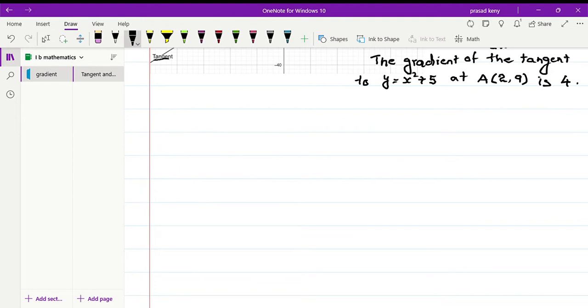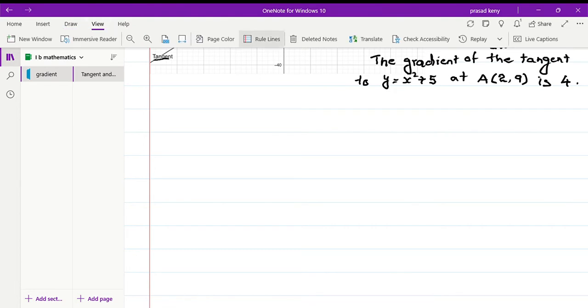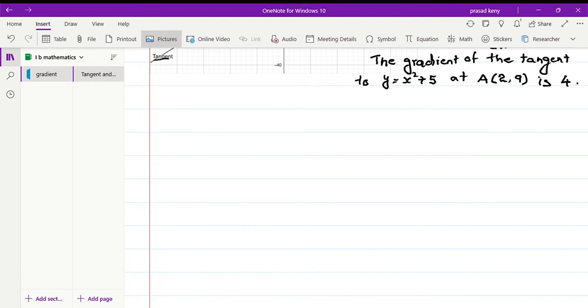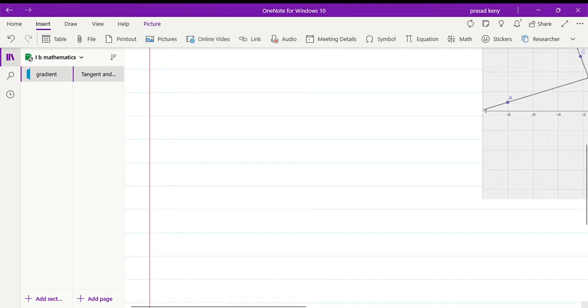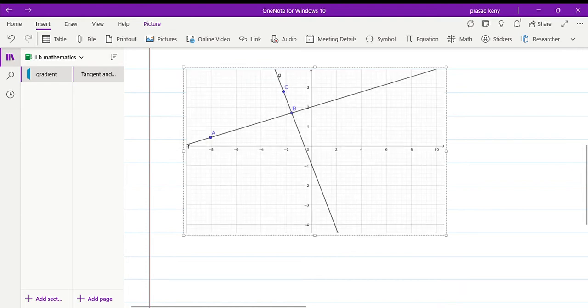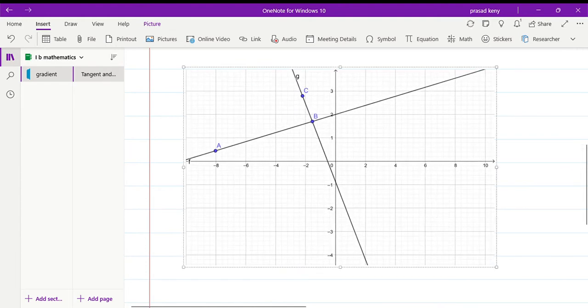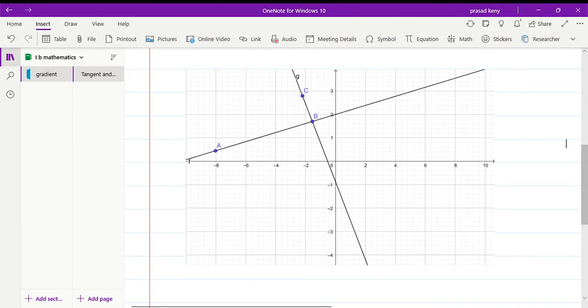Now, let us go to the next concept, and that is of normal. But before starting with the concept of normal, I'll just revise a small thing with you, and that is nothing but the gradient of two perpendicular lines. So here I'm putting a picture.